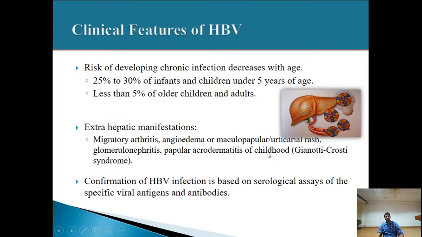Some are caused by virus and antigen antibody reaction. Most of them, like glomerulonephritis, there is actually no virus. The antigen antibody complex that forms in the blood is deposited in the liver, or skin, or in the joint, causing arthritis, glomerulonephritis, etc. So confirmation of HBV infection is through serological assays.